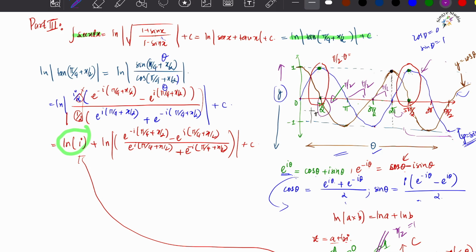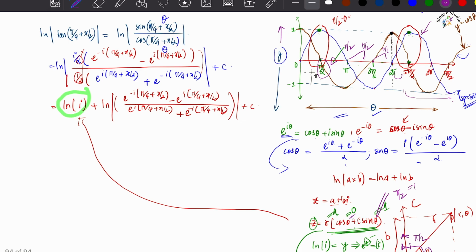Therefore, in order to fulfill this condition, our angle value should be pi by 2 plus 2 pi m, okay, where m equals 0, 1, 2, 3, 4, like that.